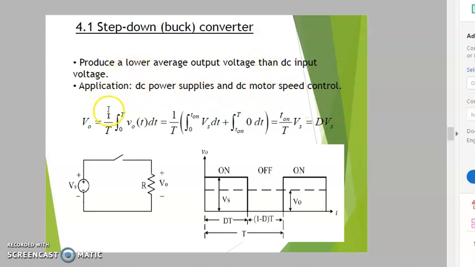The application is in DC power supplies and DC motor speed control. So we have a fixed source and a variable output voltage load. The output average will be the duty cycle that we apply to the switch times the source peak voltage.